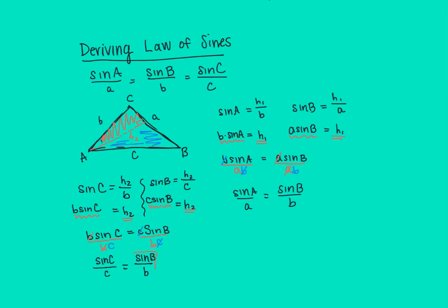And now for the final touch of this derivation. Since both of these equations have sine B, then we can use, if you remember from your geometry proofs, the transitive property of equality.